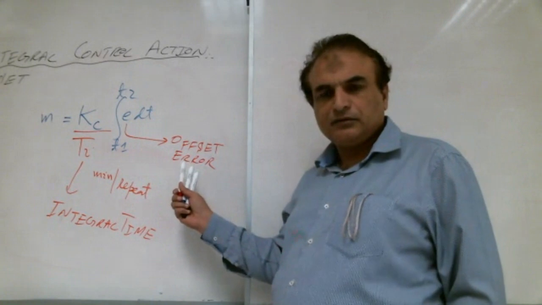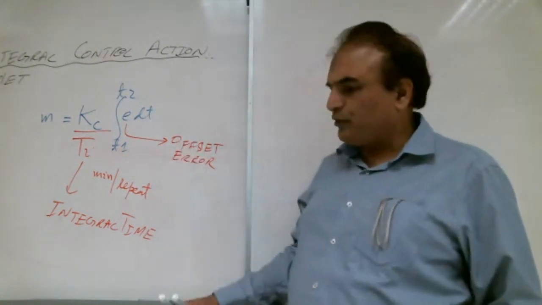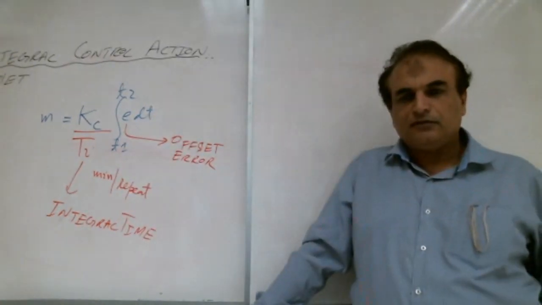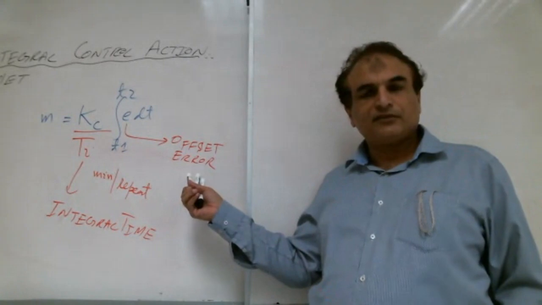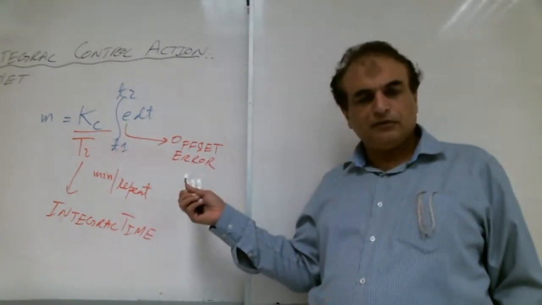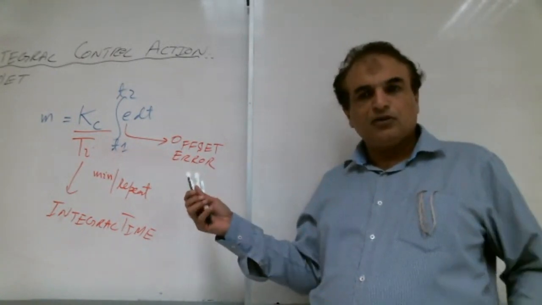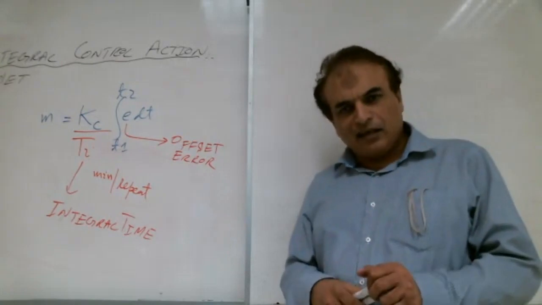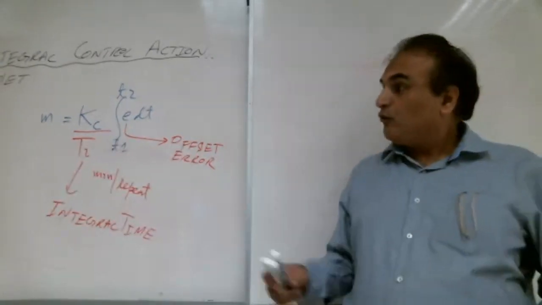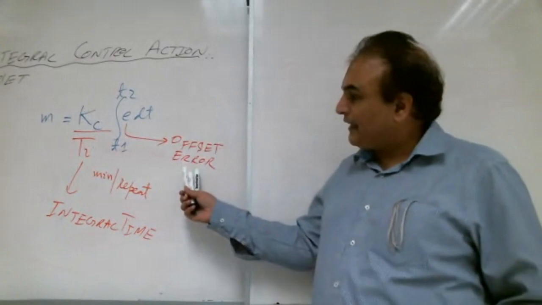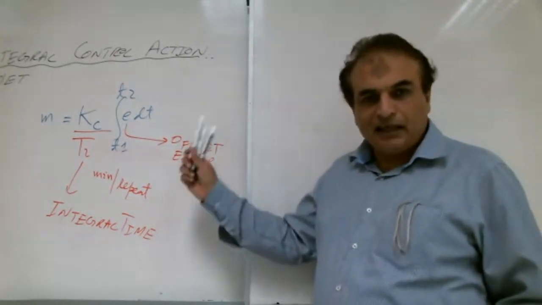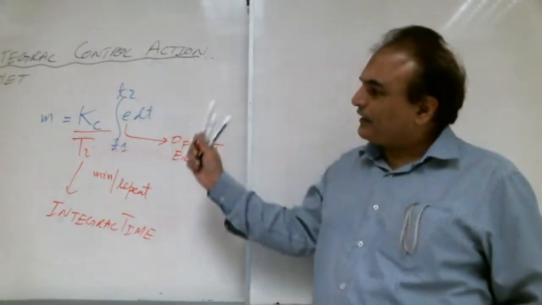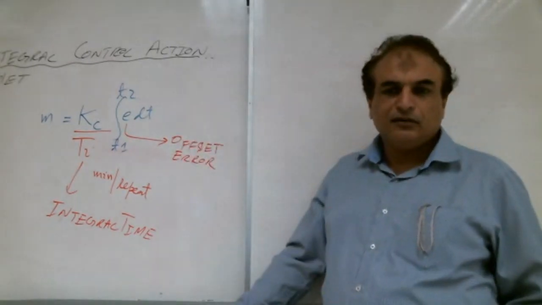Who is producing this offset error? This offset error is being given by proportional action. Remember, Shabab, from the steady state. We apply the proportional action that gave us this constant offset error. Because of this offset error, now we are applying the integral action, right?